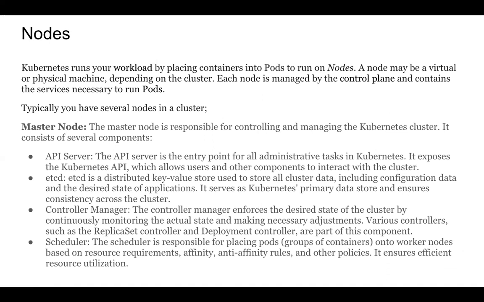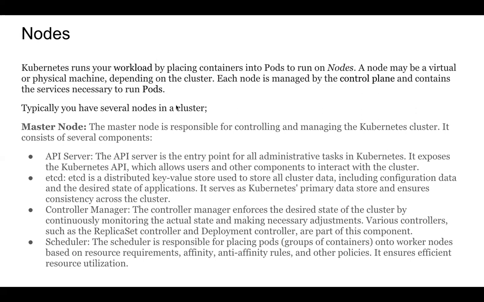Nodes can be virtual or physical machines, and each node can contain one or more pods. Each node is managed by the control plane and contains the services necessary to run the pod. Services in the sense that if it requires any software running before it, it makes sure it is there.